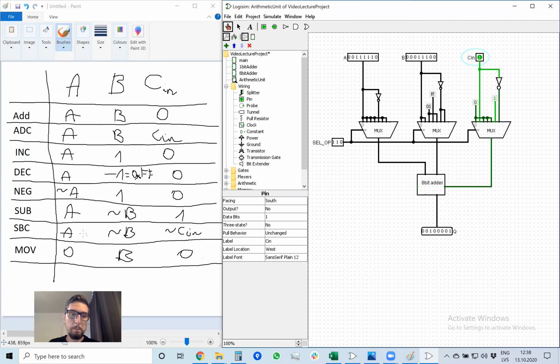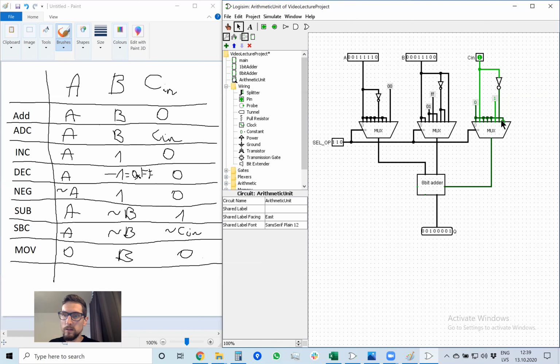And finally, mov operation. So instead of A, I use constant, 8-bit constant 0, facing south. Instead of anything else, I use just B directly. And for carry in, I use, again, 0.